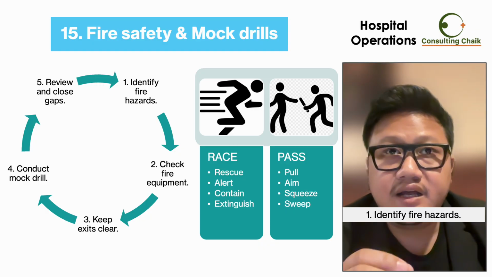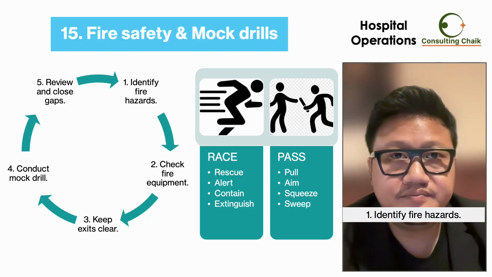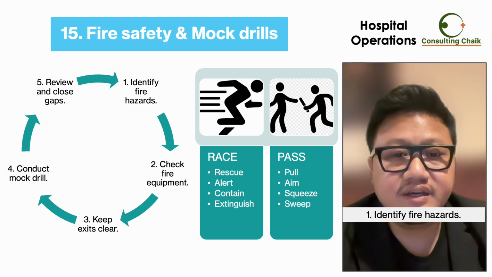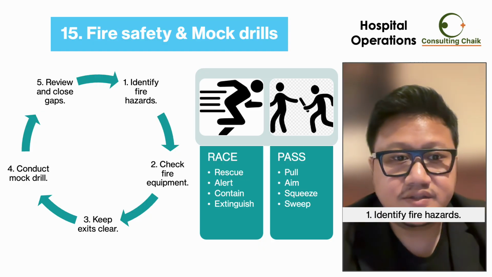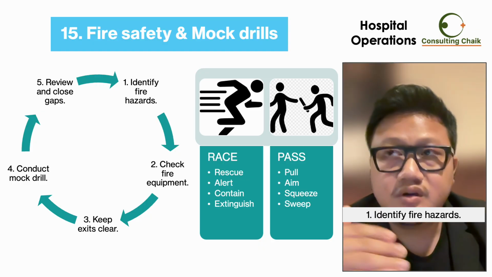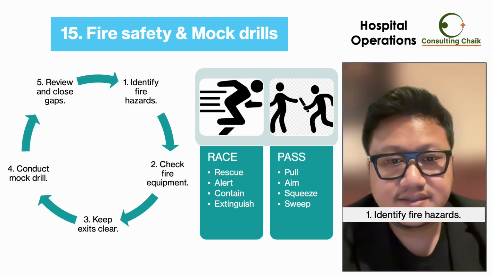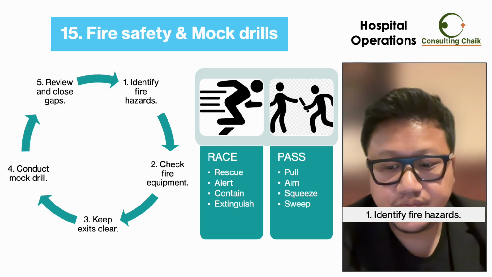Where there are fire hazards, there can be cases of fire. So there has to be a fire safety inspection checklist. You have to go to different departments and assess the risk of fire.